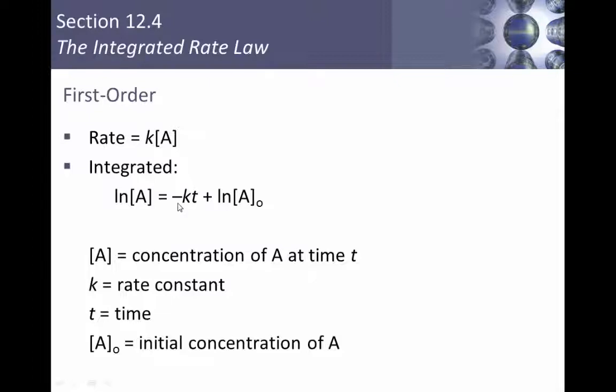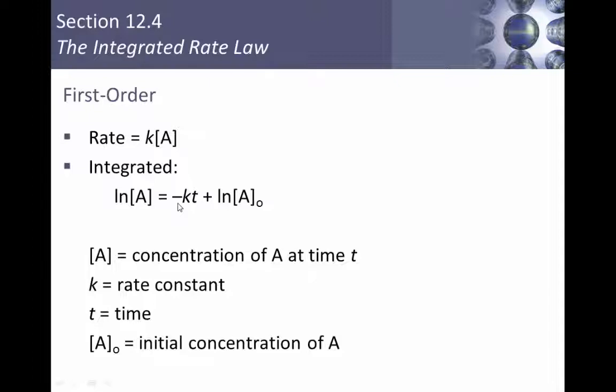Now if you look in your textbook on page 564, there's some important things to note there. It's a purple box, or mauve, I don't know what color you call that, at the bottom of the page, and it just gives you some important information about the first order integrated rate law. For example, it tells you that the equation shows how the concentration of A is dependent on time. If you know any of the three variables, you can find the fourth.